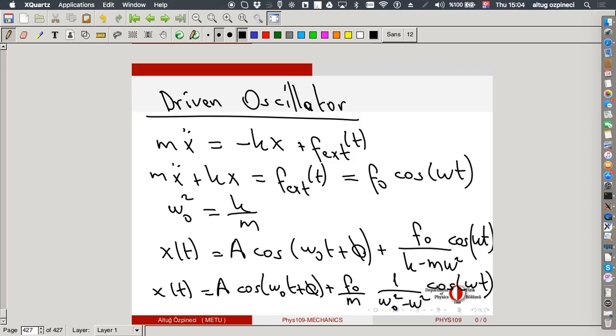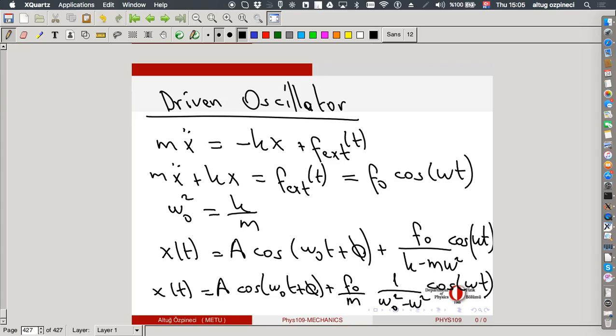You see, here we have basically two different harmonic oscillations. There is one harmonic oscillation over here, another one over here. The frequency of this additional term is equal to the frequency of the external force. The amplitude is important. You see that if omega and omega 0, remember omega is the frequency of the external force or the external torque that you're applying, and omega 0 is the so-called natural frequency of your oscillator.